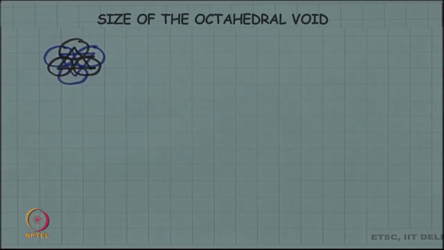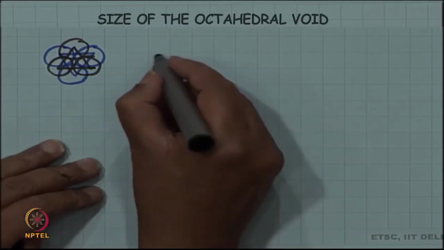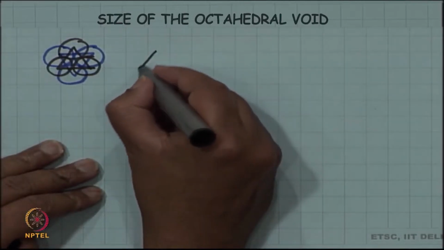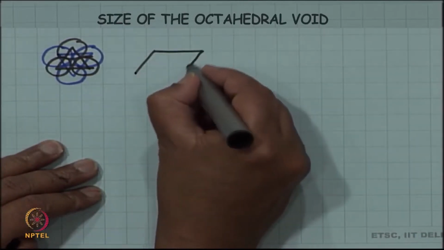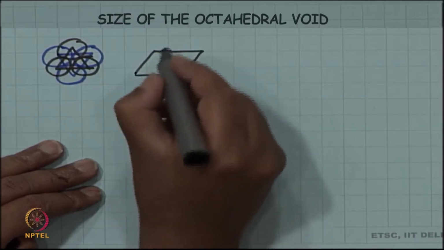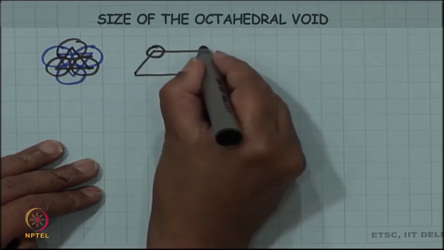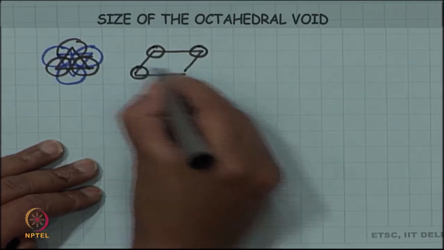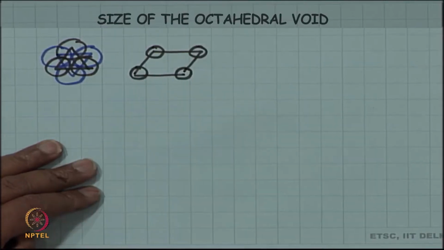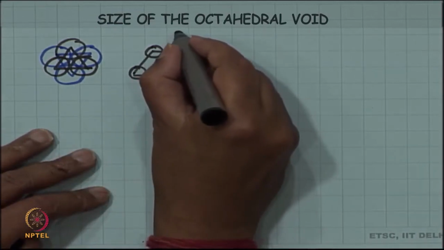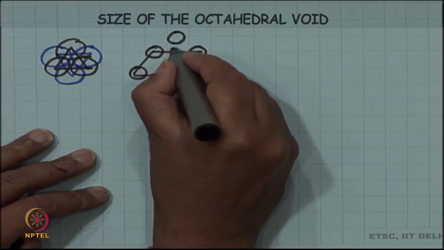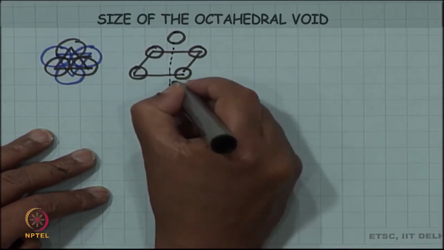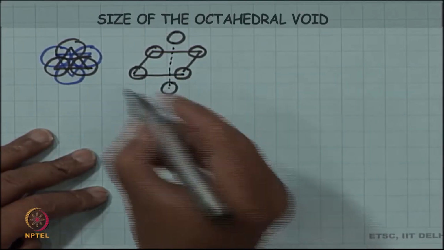However, for calculation purpose, it is easier to do the calculation if we stand the octahedron on one of its diagonals. If we make one of the diagonals vertical, then we find that it can be considered as a square of 4 atoms or 4 spheres, with one sphere sitting on the top and one sphere sitting on the bottom.